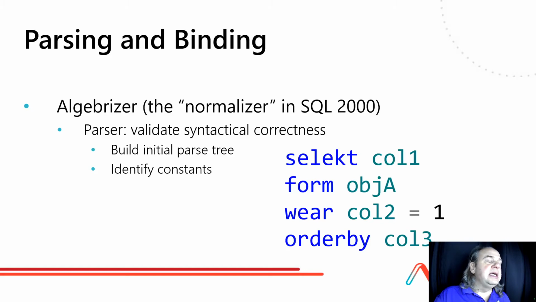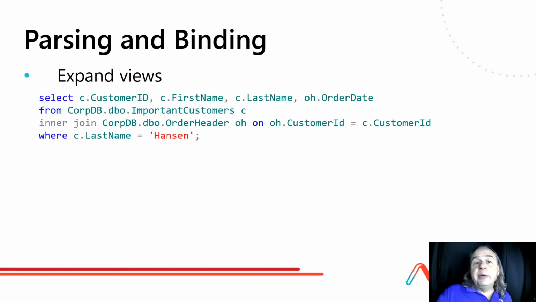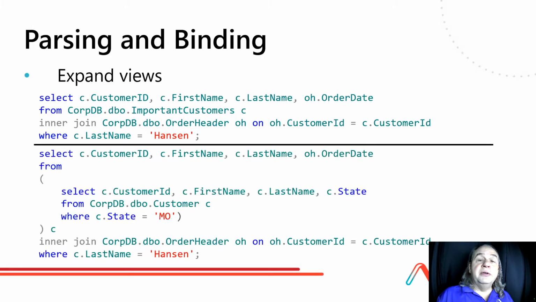So pretty simple. Second, parsing and binding is responsible for taking any views that it might find in the query and expanding them out. So if we give it a query like this, we may initially believe that the from clause is specifying a table. But when SQL Server goes out and looks at the metadata, it may find that it's actually a view. And so it will, in effect, take the text of that view and substitute it into our query.